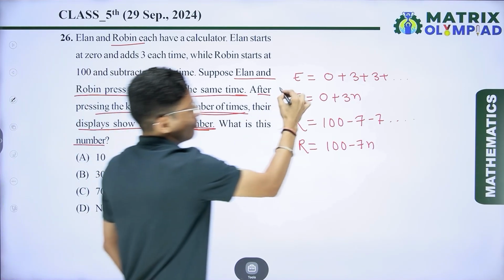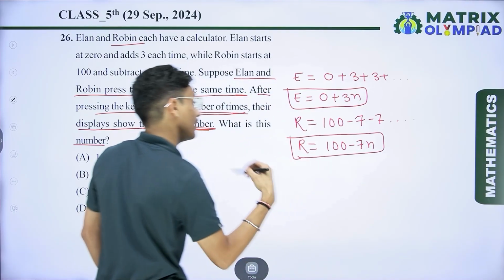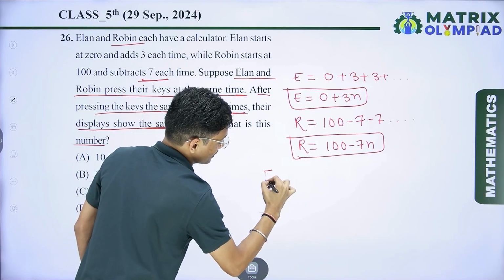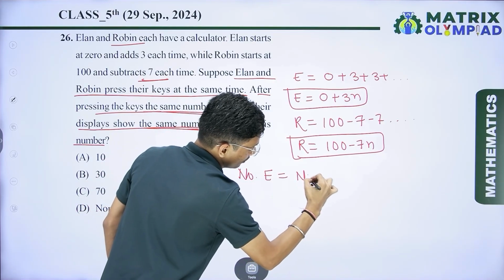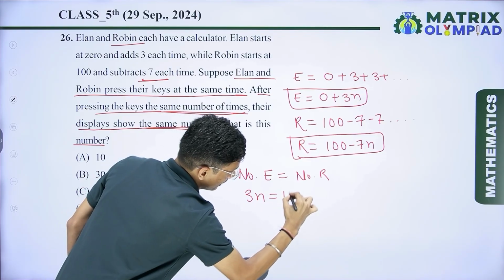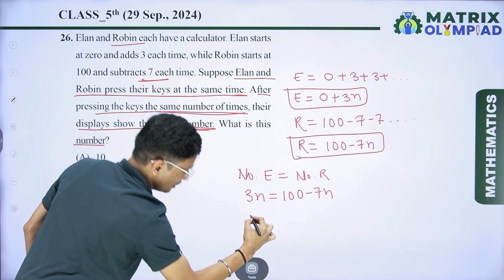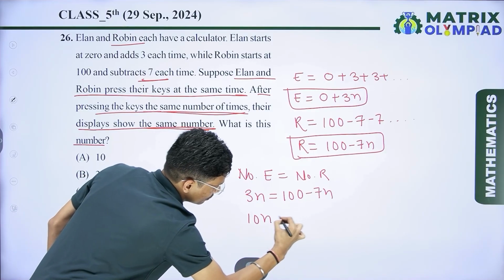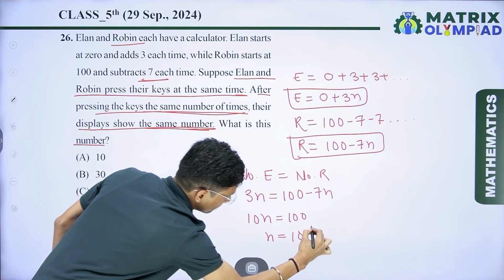It means the number of Alan and the number of Robin are the same at the end. So 3n is equal to 100 minus 7n. If I transfer 7n here, I get 10n is equal to 100. Now n is equal to 10.